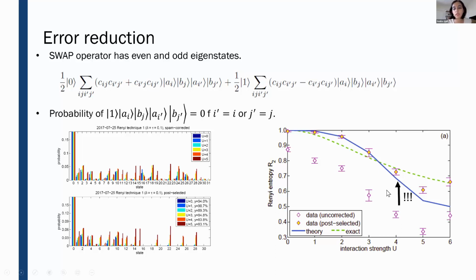This time what we did was that we knew that here we are calculating the expectation value of the swap operator, and we know that the swap operator has even and odd eigenstates.